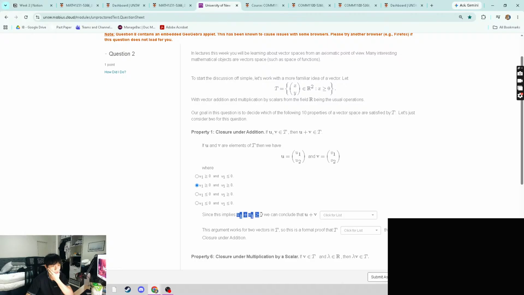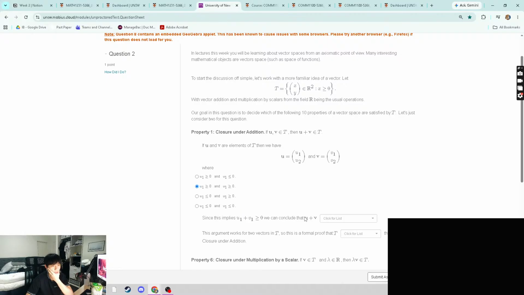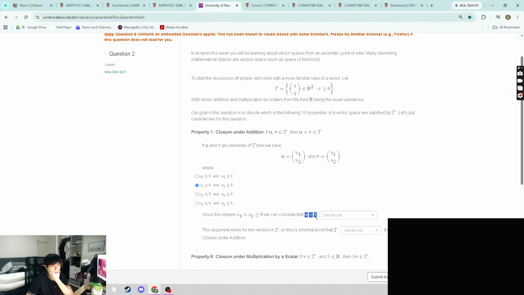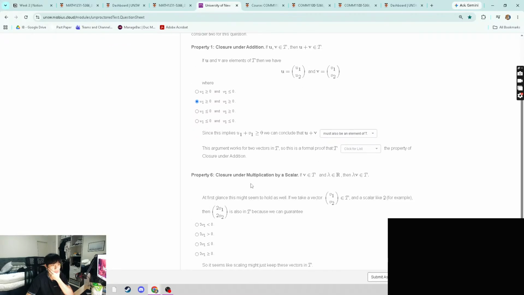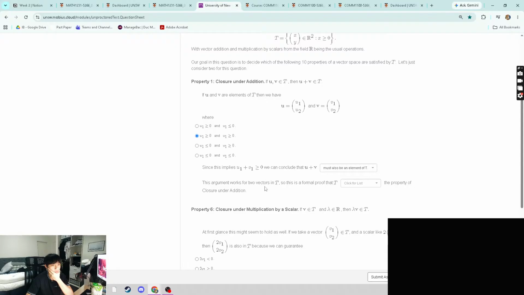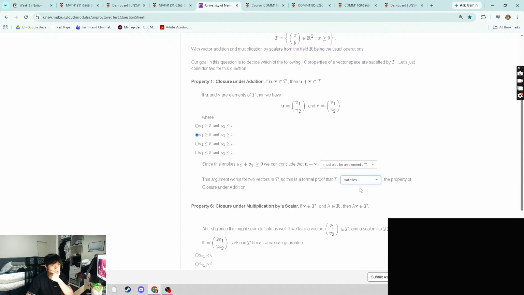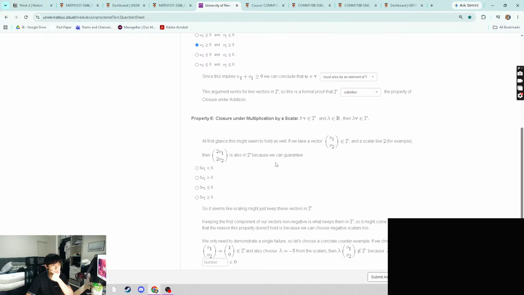Since this implies that u1 plus v1 is larger than 0, we can conclude that u plus v in this case would always satisfy that our x value is going to be positive. So it must be an element of T. This works for two vectors in T, so this is a formal proof that T satisfies the property of closure under addition. Property 6, closure under multiplication.